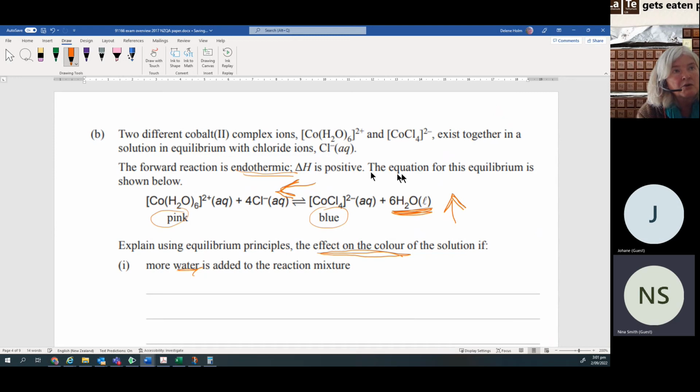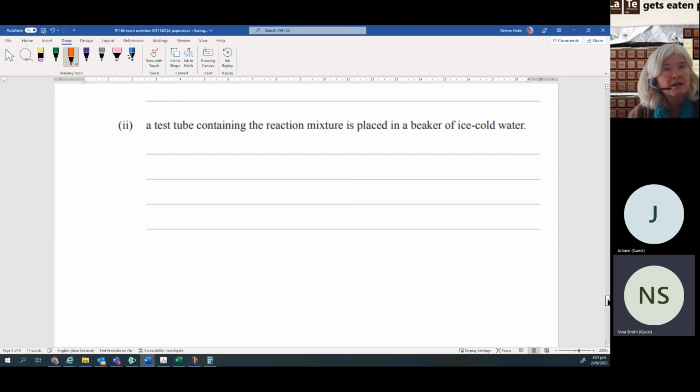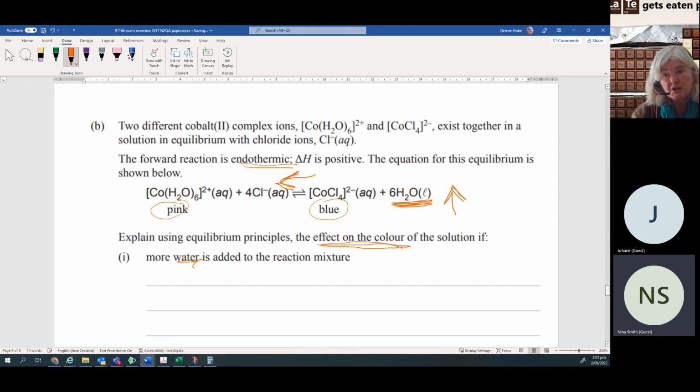If I was changing the temperature, let's have a look at what they say about the temperature. It's put into ice cold water. So we're going to lower the temperature. So again, always write heat as a reactant. So if it's endothermic, it means heat is on this side. For endothermic, heat is on this side. For exothermic, heat is on the product side.